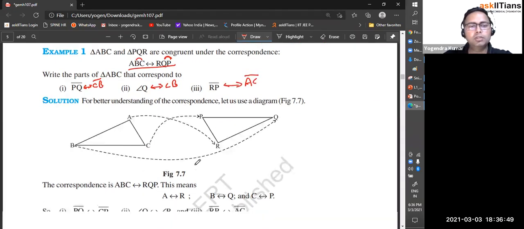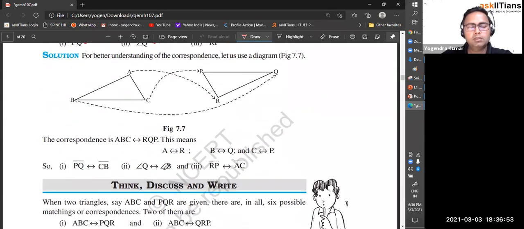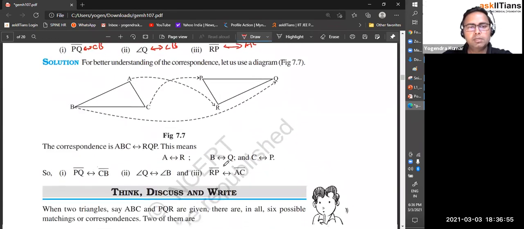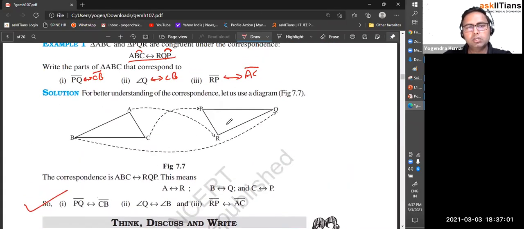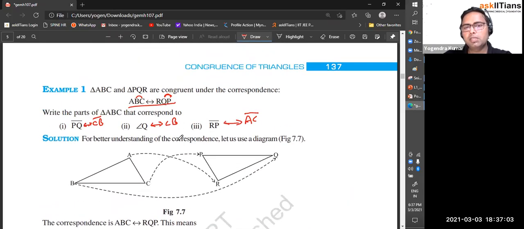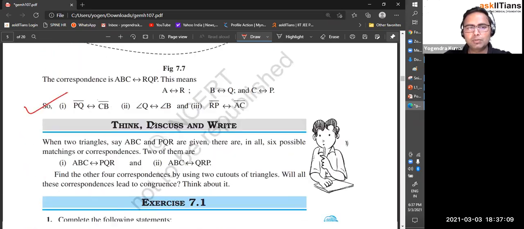I hope you got it. This is what we are understanding here. This is mainly what you need to get the understanding out of. This is how we do it.